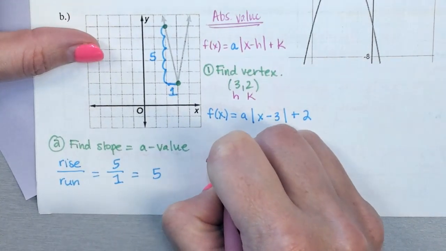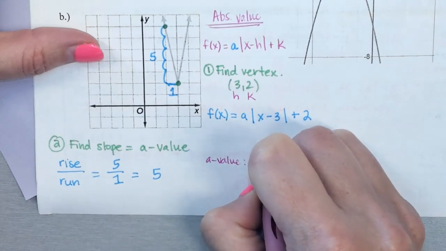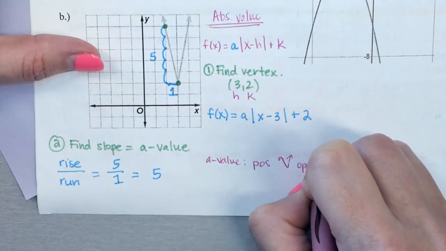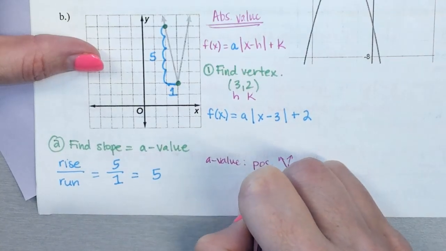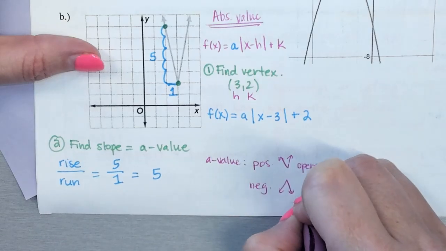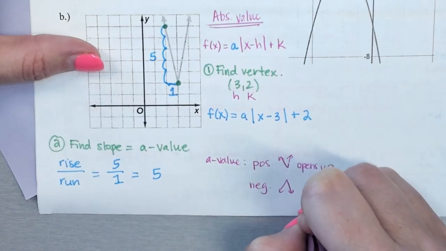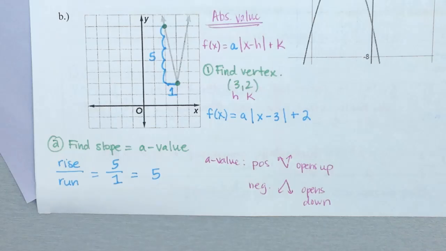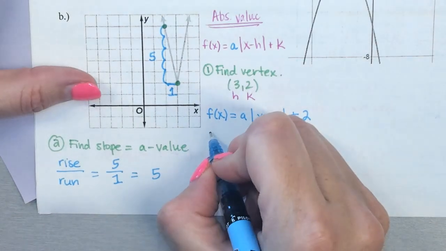Okay, so your a value is going to be positive if it opens up, and it will be negative if the V shape opens downward. So all you have to do is apply that to your graph. So once you find this, if this is opening down, it would be -5 that you put in front. If it's opening upward, which it is, you're going to keep the positive value.